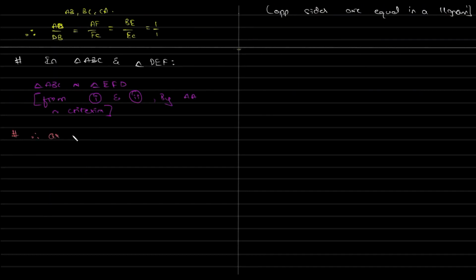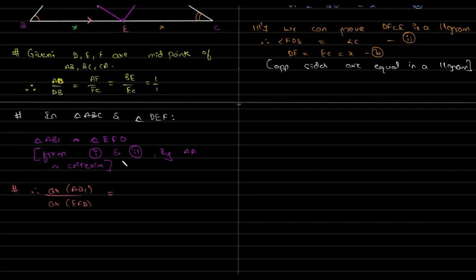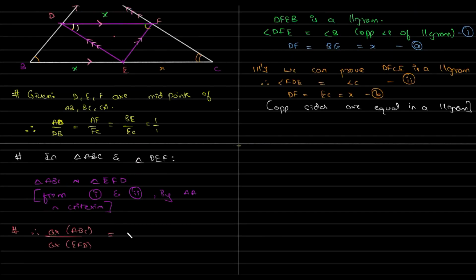Therefore, area of triangle ABC by area of triangle DEF is equal to BC square by DF square. So BC is nothing but BE plus EC, the whole square, by DF square.